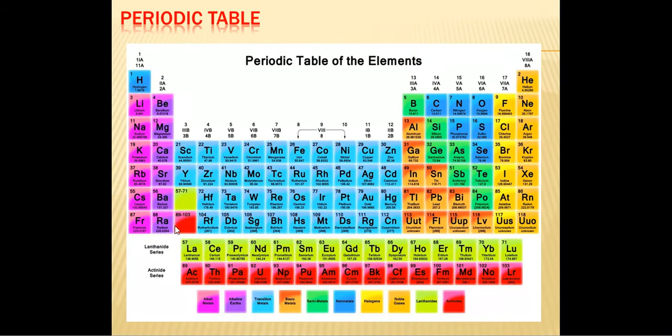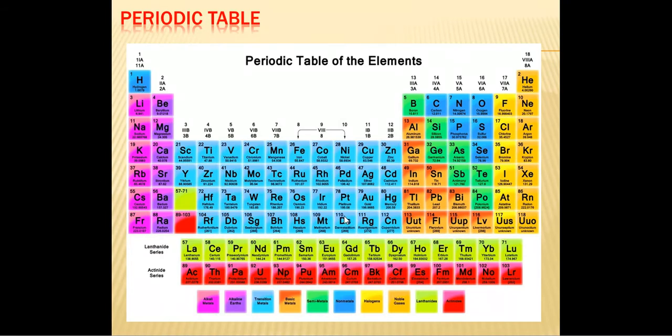Now see, look at this table. This is the periodic table. In this, from group number 1 to 18, we have 18 groups. And how many periods do we have? 1, 2, 3, 4, 5, 6. We have 6 periods in this periodic table. Okay, in total 18 groups and 6 periods. So these vertical columns are called your groups, and the horizontal rows from left to right are called your periods.